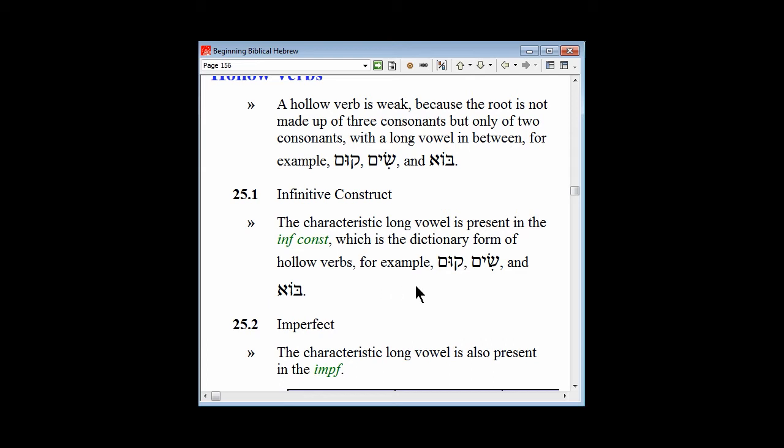So when you see something like this in a text, just the lemma form, you will obviously be able to recognize it as a hollow verb, because of the middle consonant being a vowel, or one of these mater vowels. And if it's just by itself, then you might want to be thinking, hey, that's probably an infinitive construct.